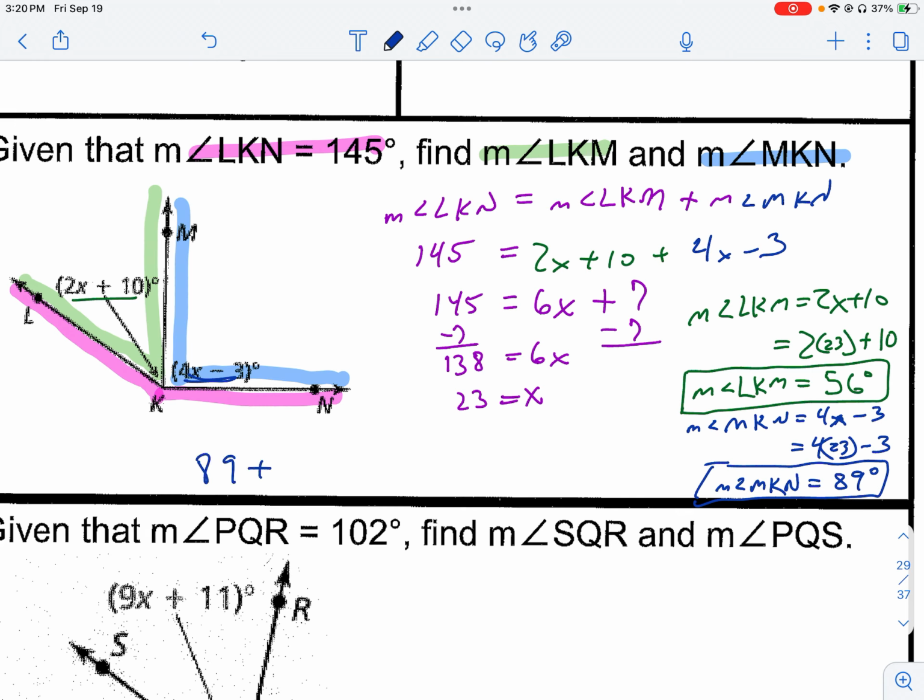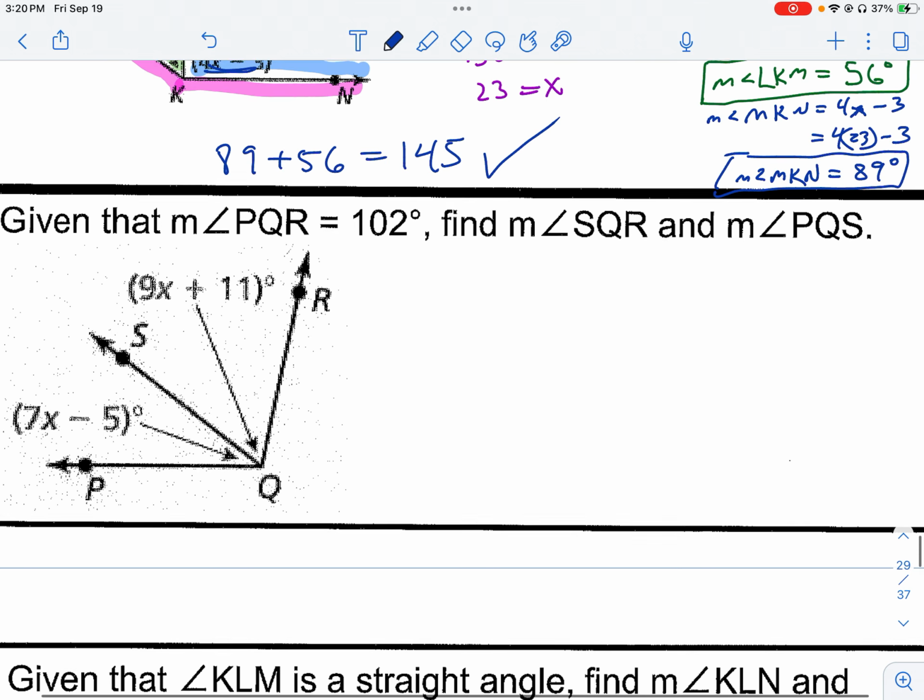And 89 plus 56 equals 145. So we're good to go. Let's do another example together.